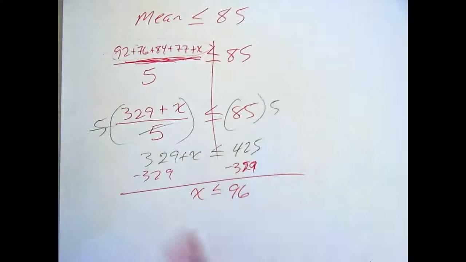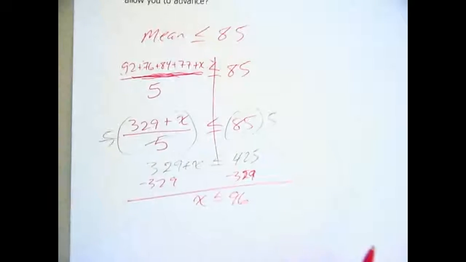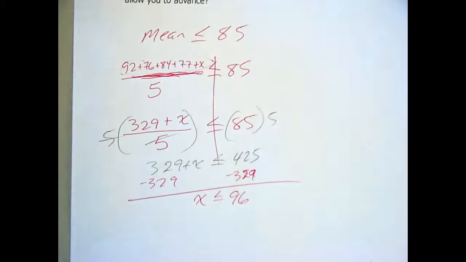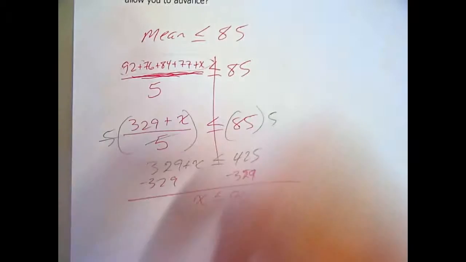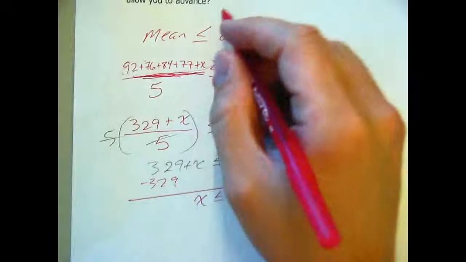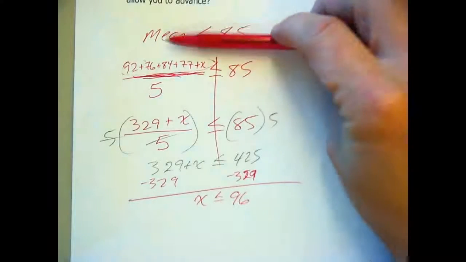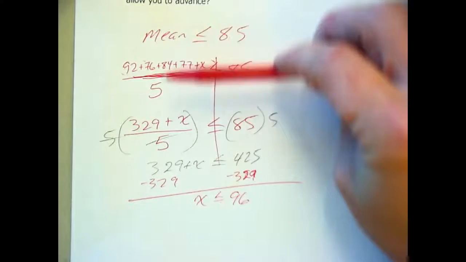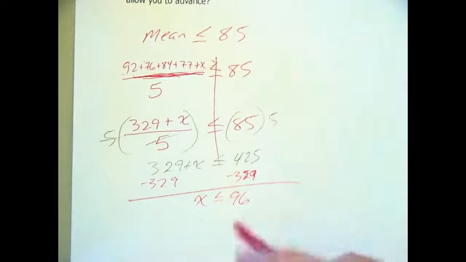So, is that good? What's wrong with what we have? I did the sign the other way. The mean needs to be at least 85, so our sign's backwards. I just now realized that. So when you go through and do the problem, at the end, don't just stop. Check it out. Read it out.